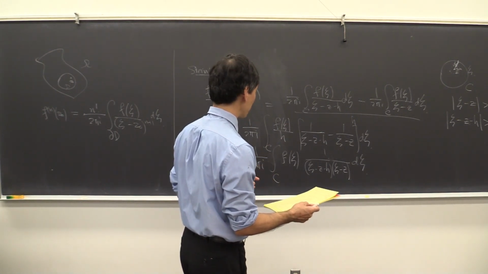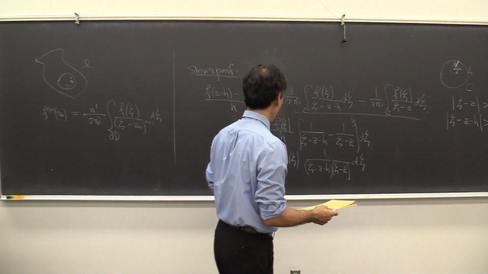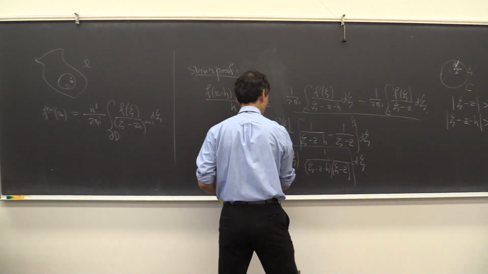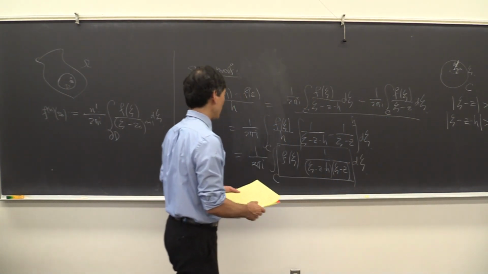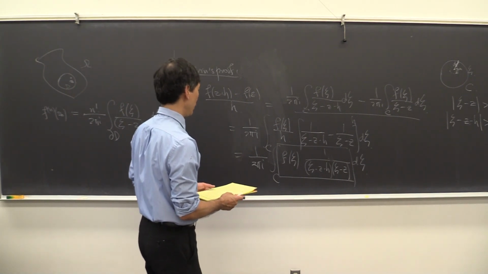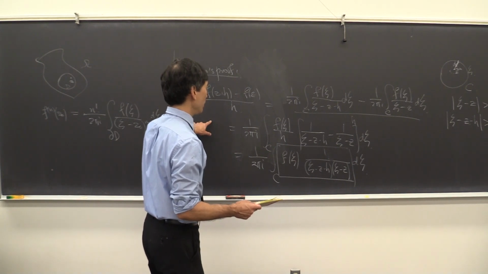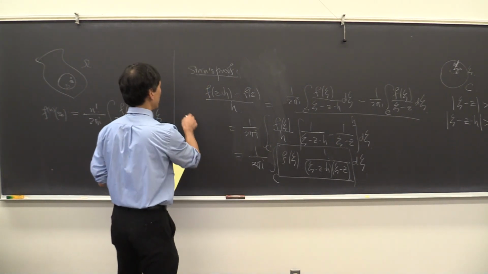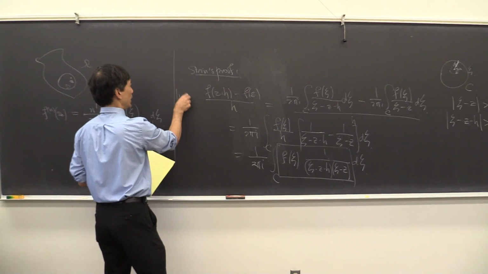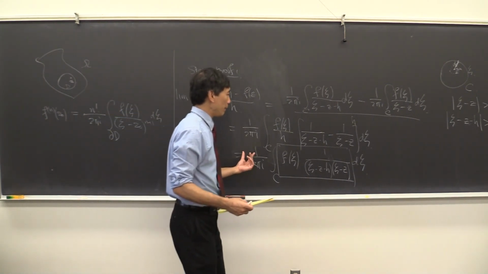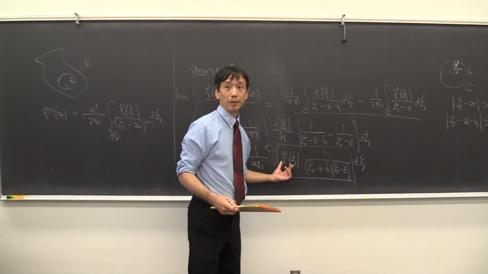The point here is that if we look at the integrand, the point is that we want to take the limit, right? So ultimately, we're going to take the limit of this whole thing as h goes to 0, and we're hoping that we can pass the limit inside, right?